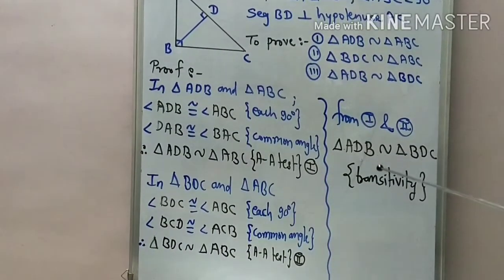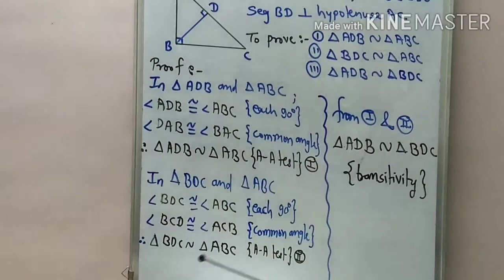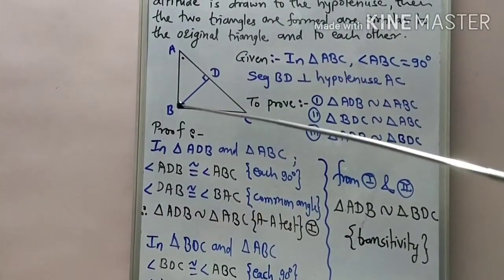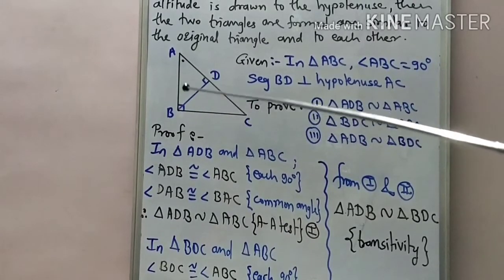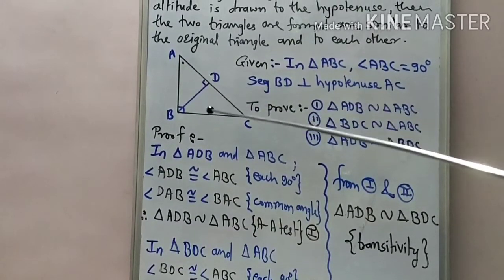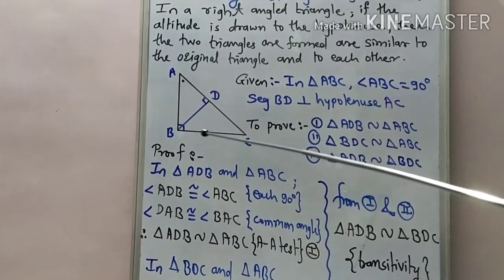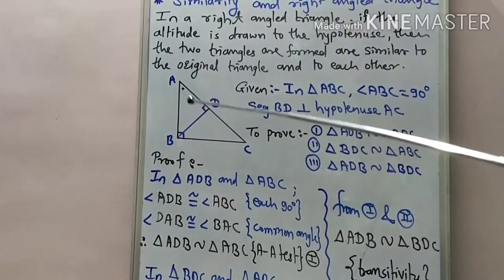So like this we prove this theorem. The statement is, as we draw one altitude on the hypotenuse in a right angle triangle, two triangles are formed, and these two triangles are similar to the original triangle and to each other also.